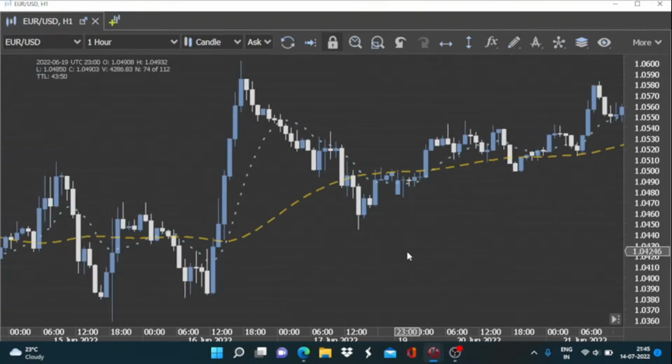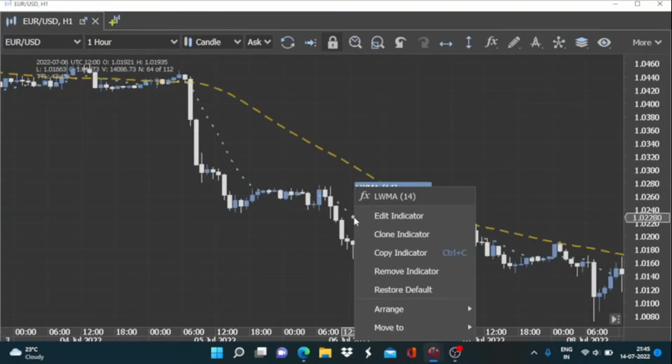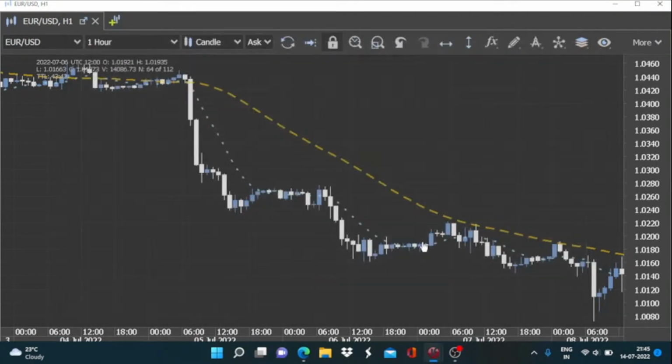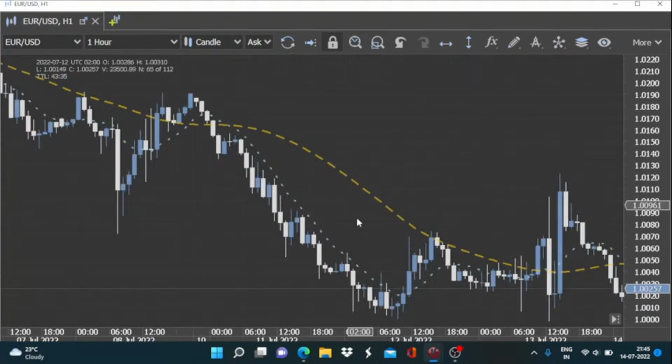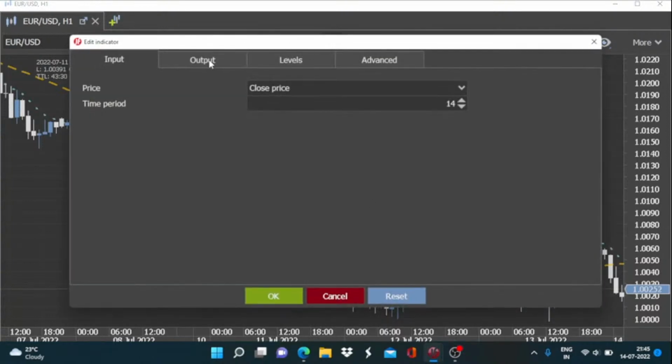So this option is also provided to us on the chart. I can also take the LWMA of, no, since this is the derivative, we can't really take the LWMA of that indicator.